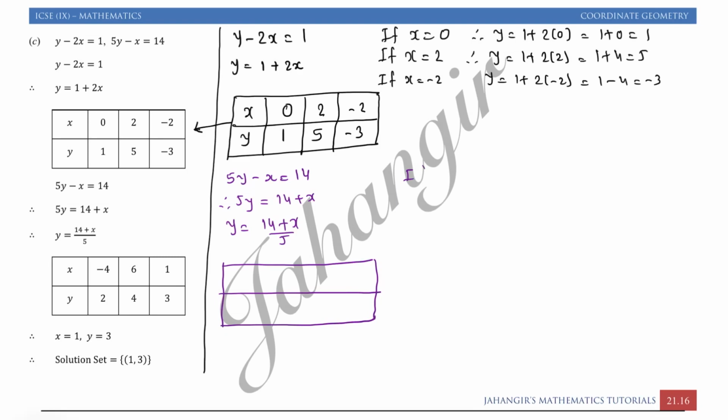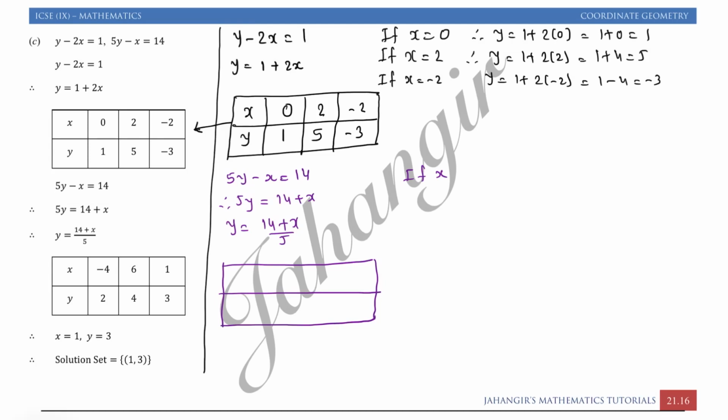So if x is equal to, you cannot put random value just like 2, 3, because if you are putting 2 it will become 16. 16 by 5 is 3.2. You cannot take decimal value, otherwise you will get incorrect graph. So always take a value such that after dividing you are getting proper integer value.